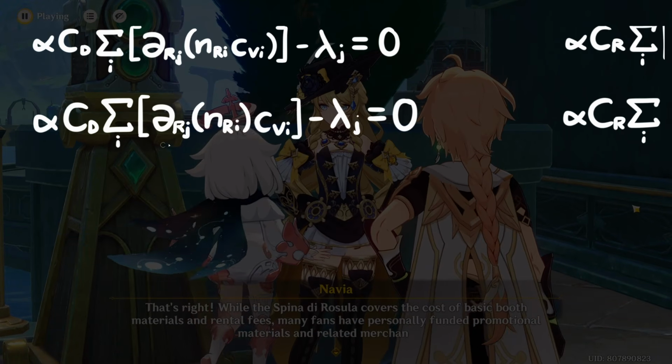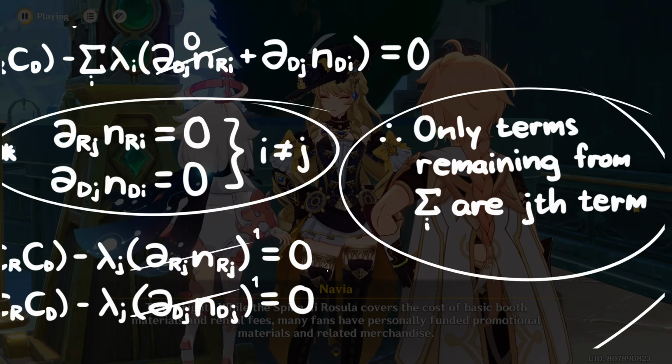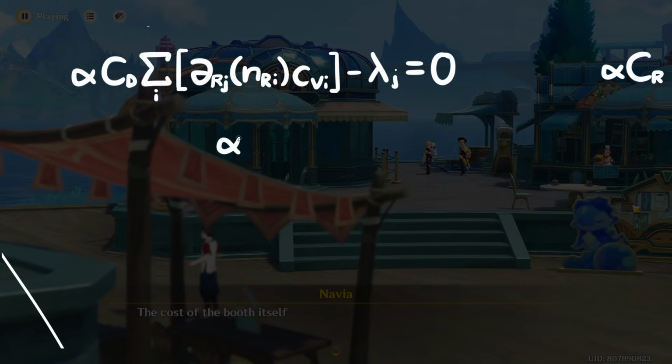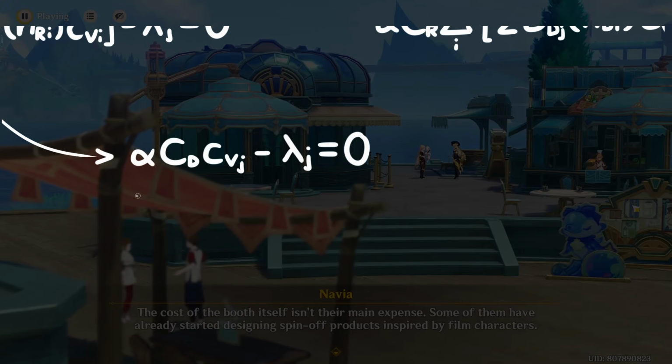Once again, because the different sources are independent, the only non-zero term from the summation is the case where the ith source is equal to the jth source. All other terms would be 0.